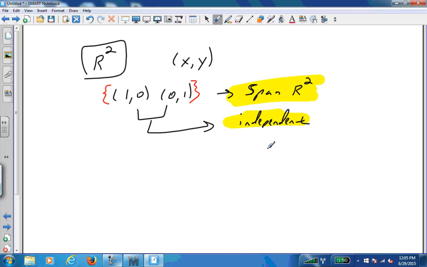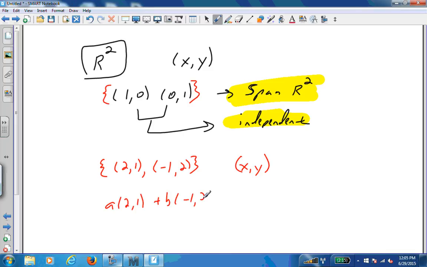Now, we demonstrated before that there are other bases of R2. We've seen other examples of vectors that we could use to form a basis. For example, in another video, we saw how (2, 1) and (-1, 2) span R2, that any vector (x, y) could be rewritten as a linear combination of the first vector and the second vector.